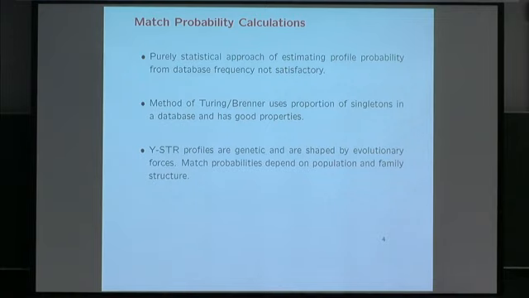I'm going to talk about matching probabilities leading to likelihood ratios. The counting method's a purely statistical one, not a very satisfactory approach. The method that Brenner published, dating back to work by Turing, uses the proportion of singletons in a database, and has some nice properties. It's not a genetic model, unlike the last one I'll talk about, which puts the biology into the interpretation.